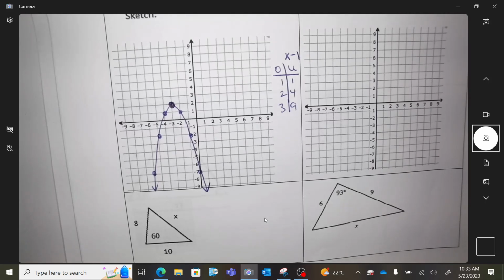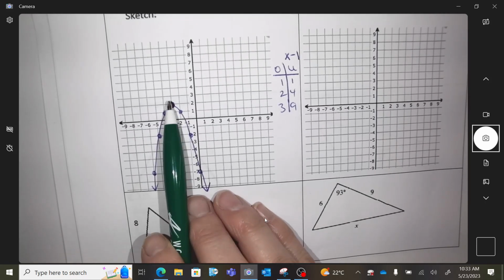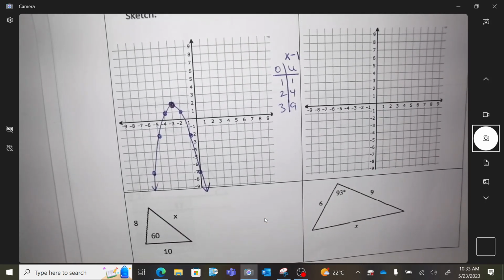So there's my pattern of just 1 over 1 down, reset, 2 over 4 down, reset. Okay, and then always checking, does my y-intercept make sense on my graph?